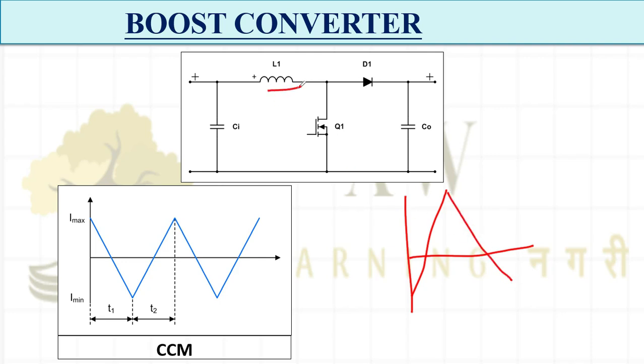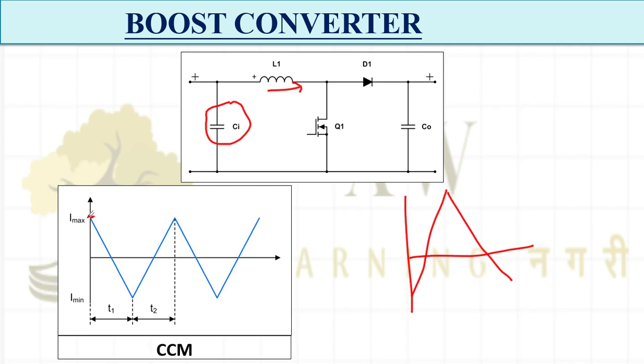I am talking about the IL current, which is the input current in the case of the boost converter. It increases and then decreases. But if you look at the capacitor input current, the waveform is exactly the opposite.